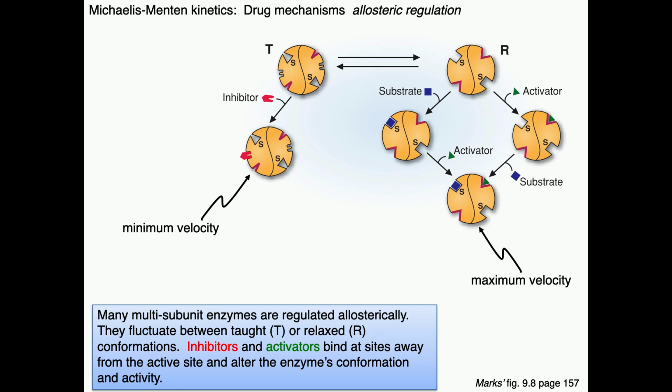For the allosteric inhibitors, binding at one allosteric site on one subunit is going to change the shape of the molecule so that both subunits have decreased activity and decreased substrate binding. Likewise, you can also have activators that will increase affinity for substrate and increase binding. It's shown just in this cartoon.